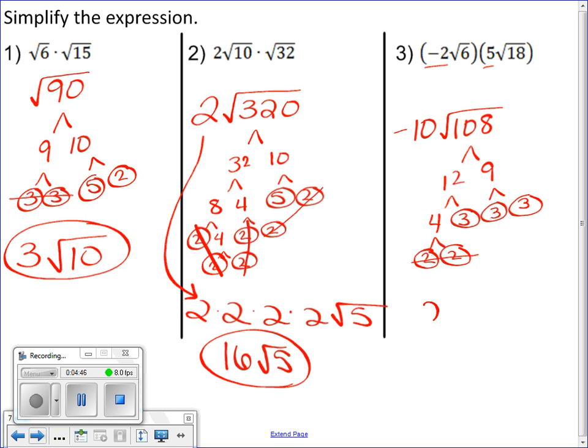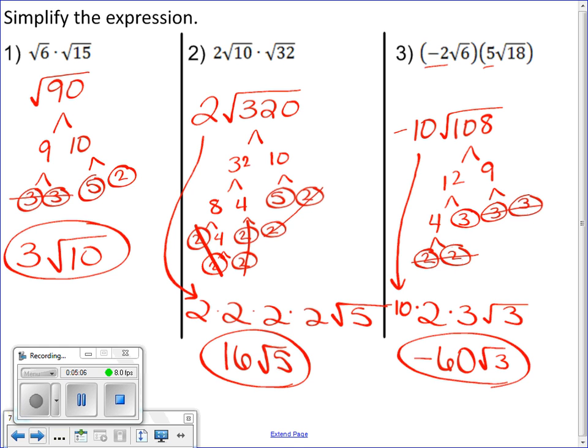Pair of 2's. Pair of 3's. Singles. 3. Don't forget that negative 10. So negative 10 times 2 times 3. Negative 60 radical 3. Questions so far? Good.